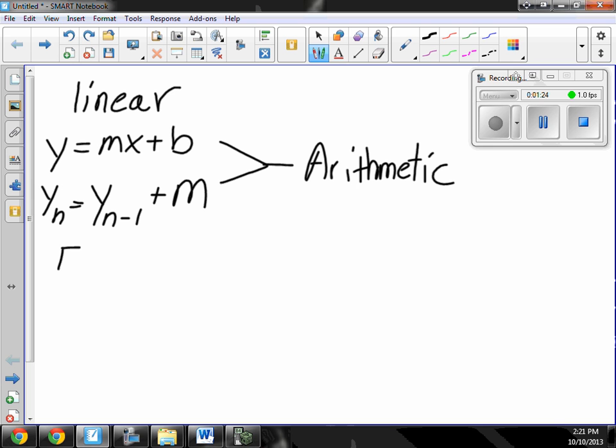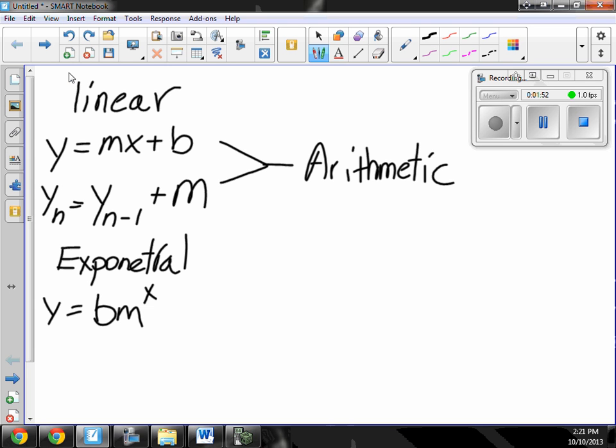The other function we studied was exponential. What did an exponential function look like? Y equals b times m to the x. And any time you have an x in the exponent, your variable in the exponent, and there are no other variables anywhere else, it's exponential.